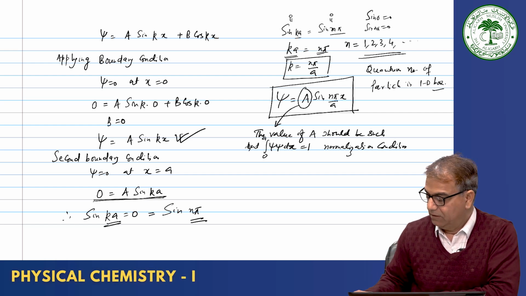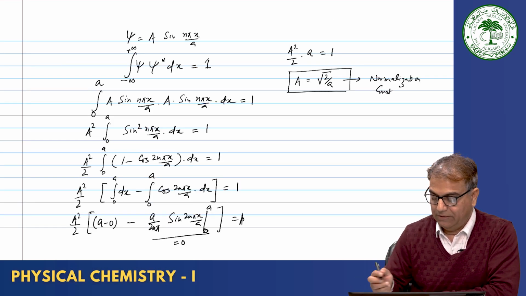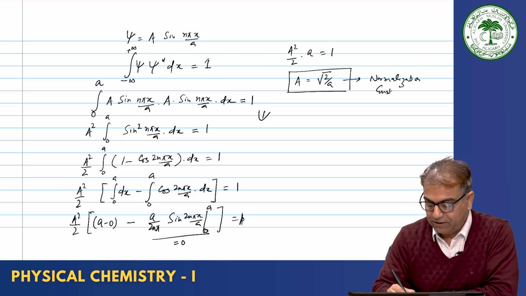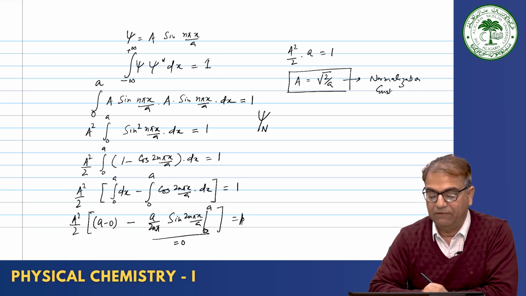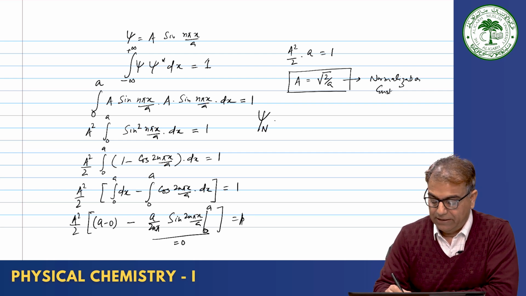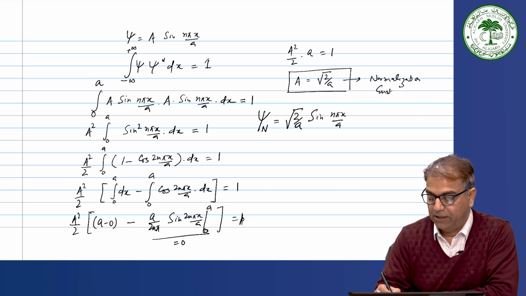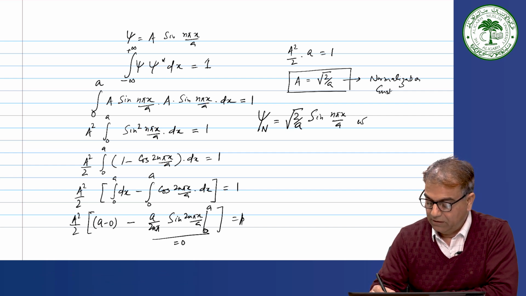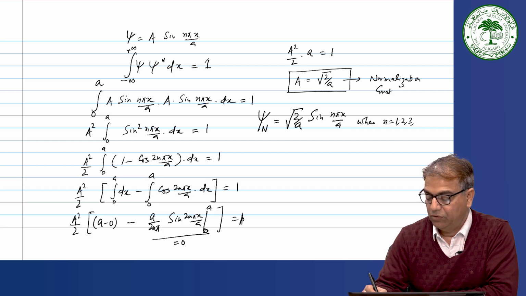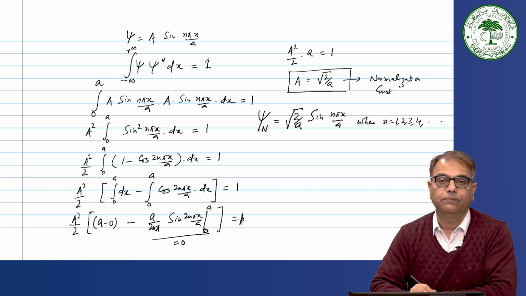So the normalized wave function, I will give a symbol n here, for a particle in a one dimensional box is root 2 by a sin(n pi x upon a), where n is equal to 1, 2, 3, 4 and so on.